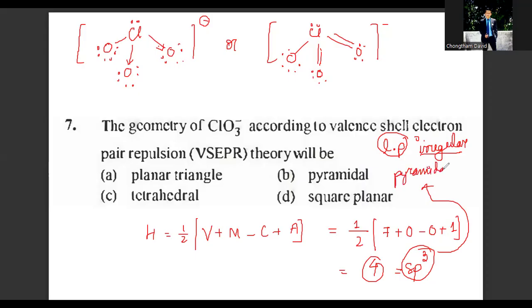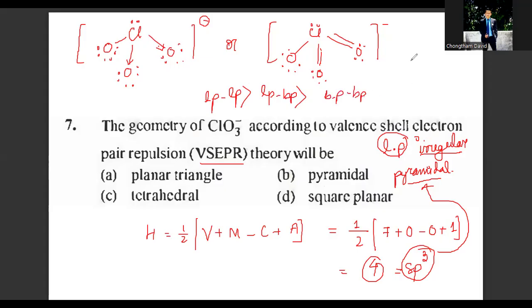Okay, the lone pair pushes the bonding electrons. Repulsion will be present according to valence shell electronic pair repulsion theory. You have learned lone pair-lone pair repulsion is greater than lone pair-bond pair, then bond pair-bond pair repulsion.